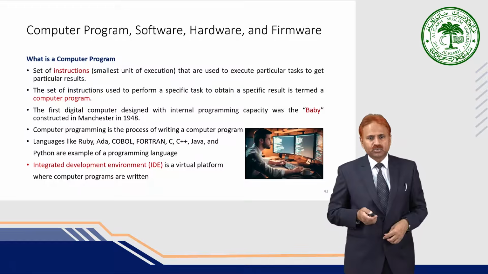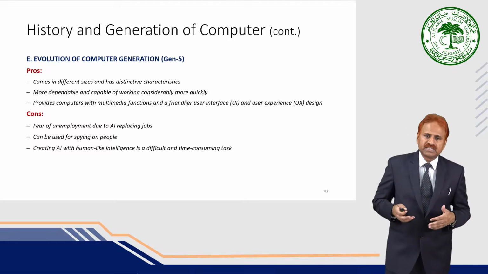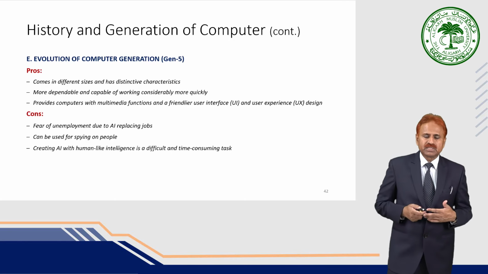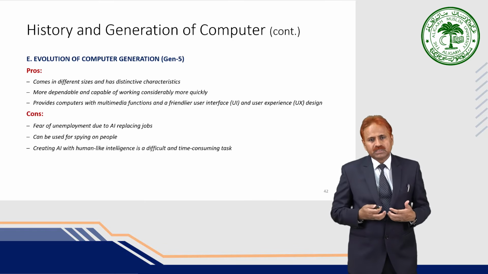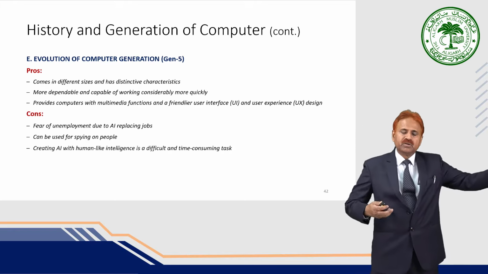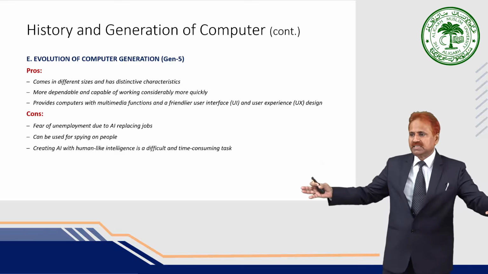So basically, students, with this, we will stop our discussion of today's lecture here. Today we have tried to discuss with you the history and generations of computer systems, how we started our journey from the first generation computers, which were large enough to require a big room.